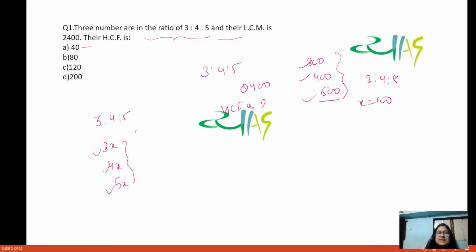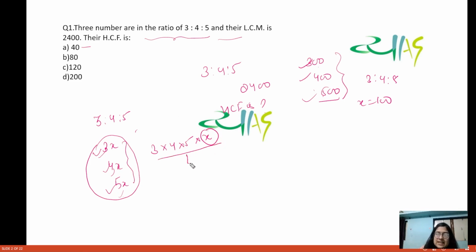And now it is given their LCM is 2400. Now, if we take the LCM of these numbers, what are the common factors here? 3, 4, 5 we have to write because we have to include the prime factors, and let us write x also because x is a factor.